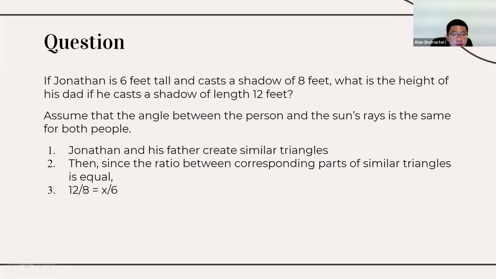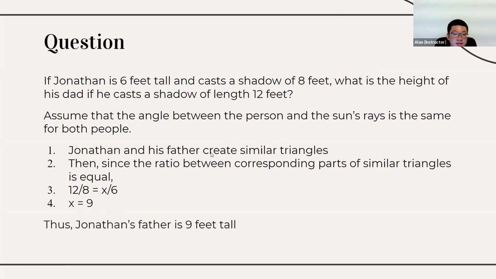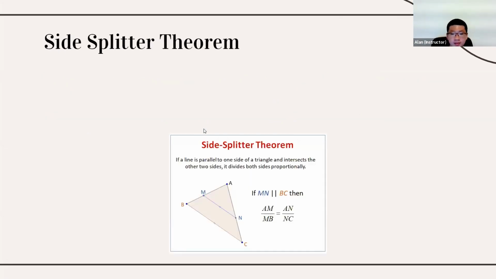So 12 divided by 8 is going to be equal to x over 6. So if you multiply both sides by 6, you get that x is equal to 9. So Jonathan's father is going to be 9 feet tall, which is, wow, pretty surprising. Alright, so next, we're going to move on to something called the splitter theorem.